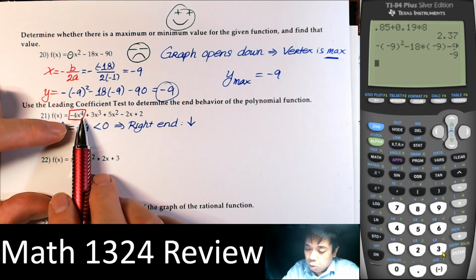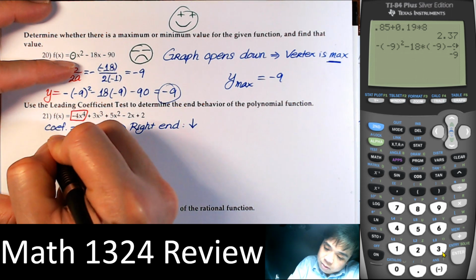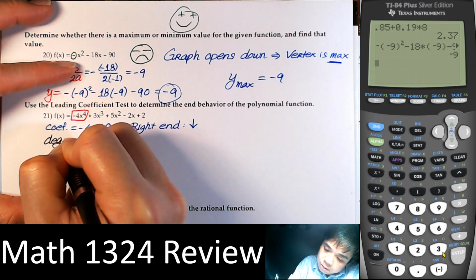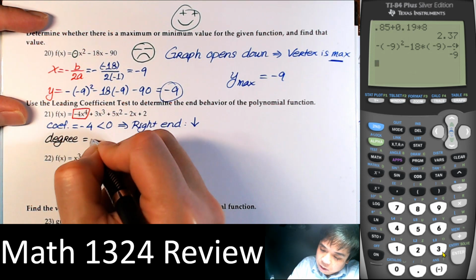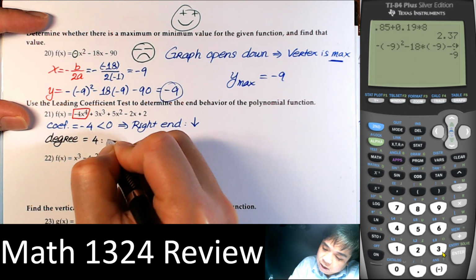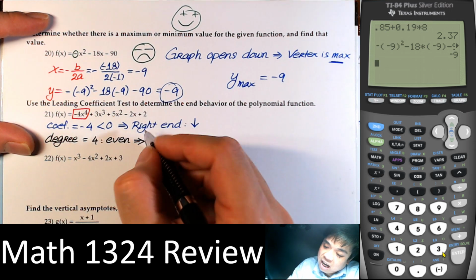And now we base it on the degree. Degree is 4, which is even. Even means they have the same behaviors on both ends.